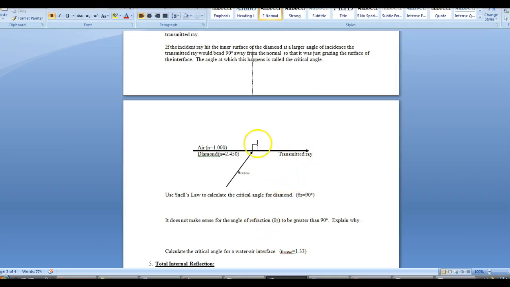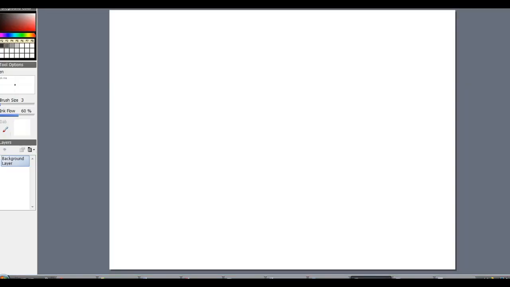So going back to the question, it says use Snell's law to calculate the critical angle for diamond. When we're talking about the critical angle, the angle of refraction is exactly 90 degrees, because that's the angle of incidence at which the angle of refraction is 90 degrees, and past that angle you don't get refraction anymore, you only get reflection.